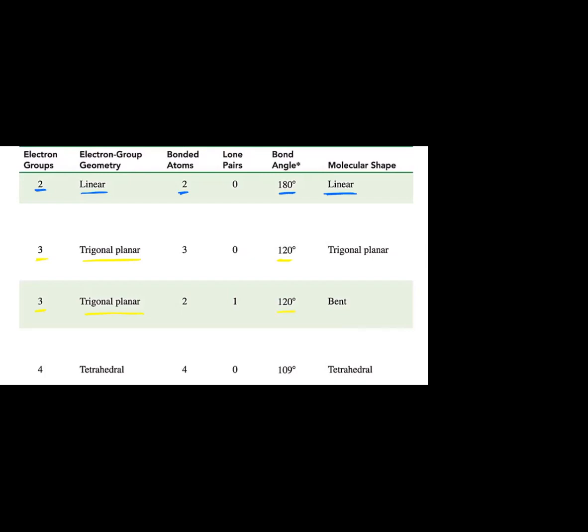If you have 3 bonded atoms around the central atom, but no lone pairs, then you're trigonal planar. If the central atom has 2 bonded atoms and 1 set of lone pairs, then the molecular shape is called bent. Put a 2 in the chat if so far reading this table makes sense.